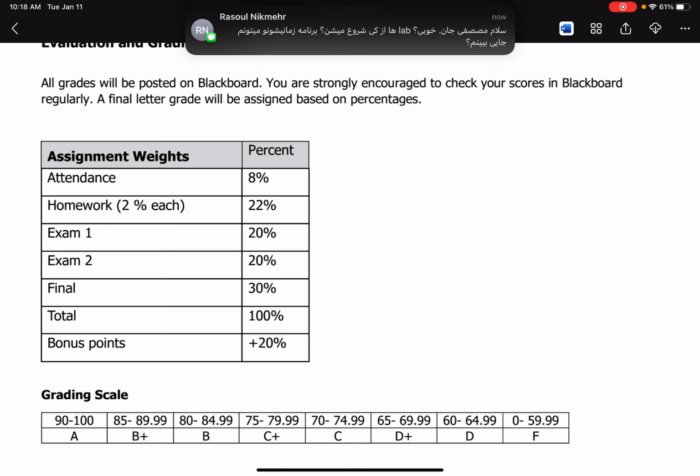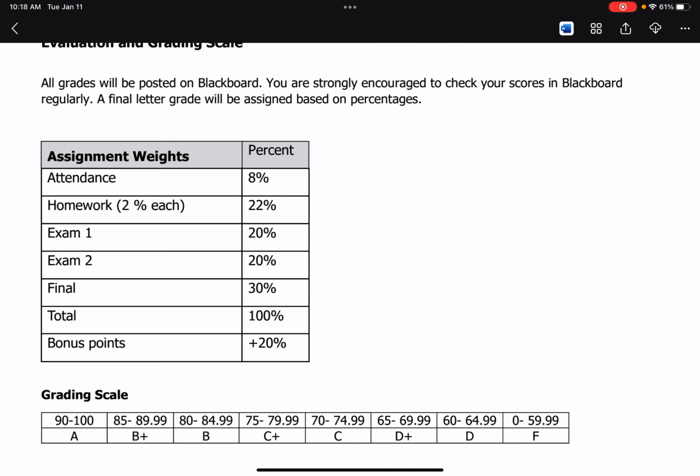As I said, attendance is important. 8% of your grade is your attendance. That will be determined by your quiz submission. I give out random quizzes in class. You just have to start working on them and submit the quiz to me. It doesn't need to have a correct answer.